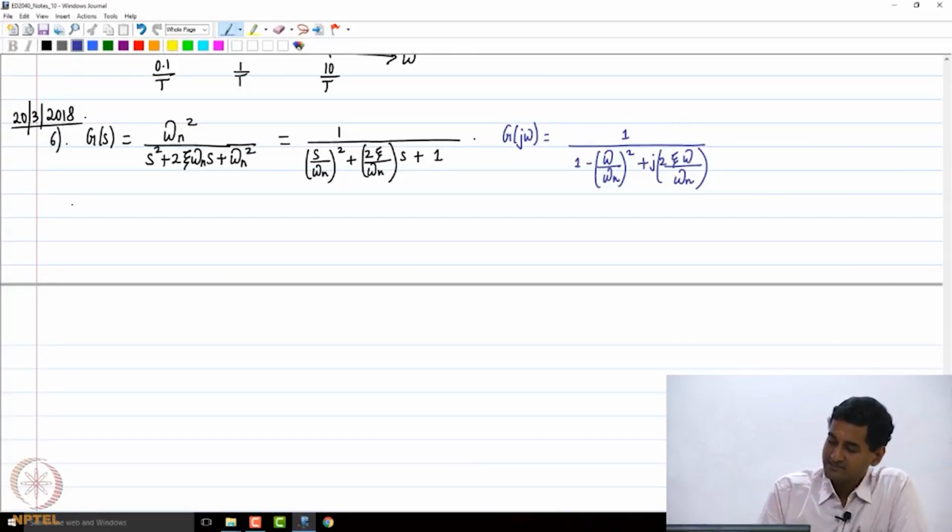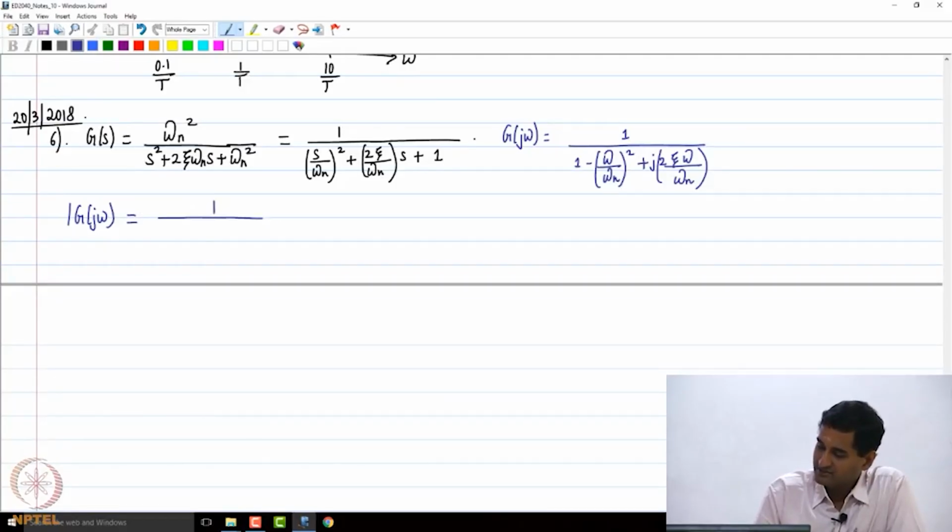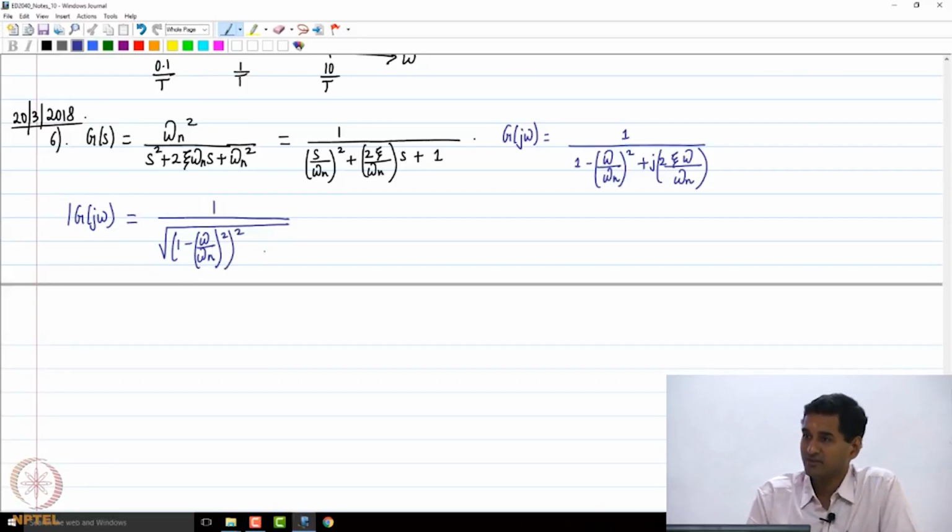Once I have this, how can I write the magnitude of this particular factor? It is going to be 1 divided by the square root of the real part square, which is 1 minus omega by omega n whole square, squared, plus the imaginary part square, 2 zeta omega by omega n whole square, right?